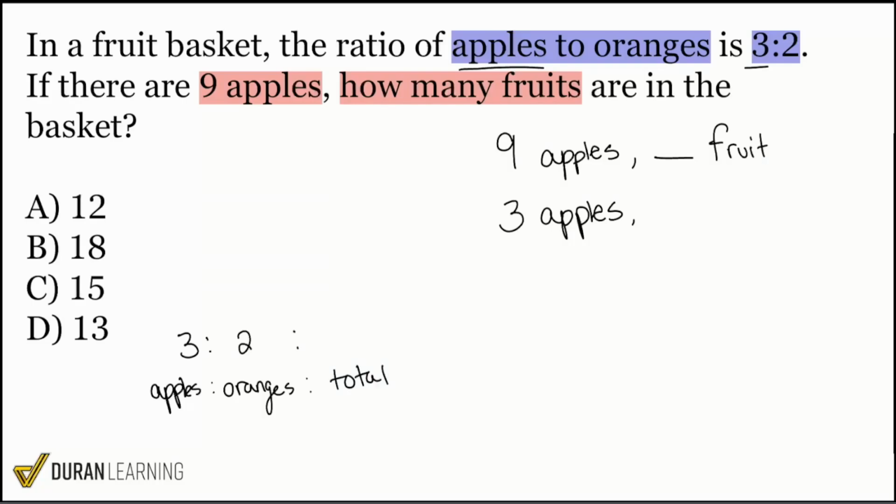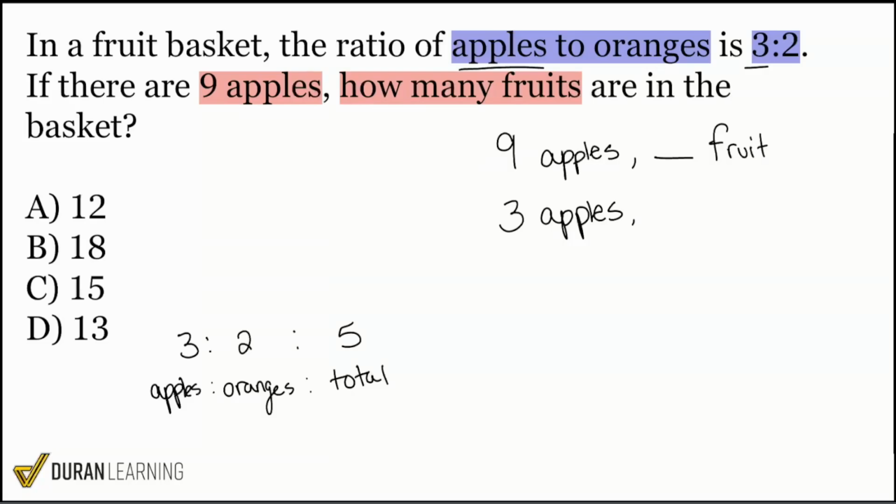Everybody, in this comparison of apples to oranges, 3:2, what number represents the total? What part in this ratio would total represent? Yeah, doesn't take much thinking. Just add it up. 3 apples to 2 oranges, that means 5 total pieces. 5 total parts, not 5 total fruits.